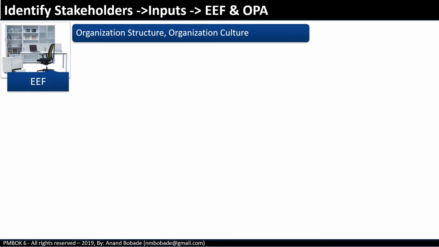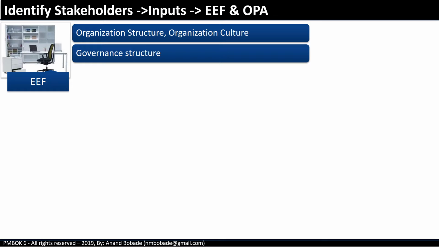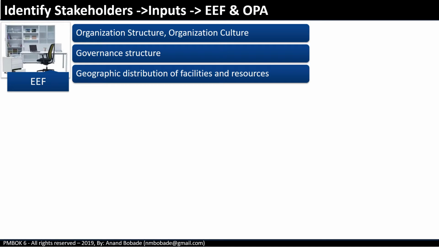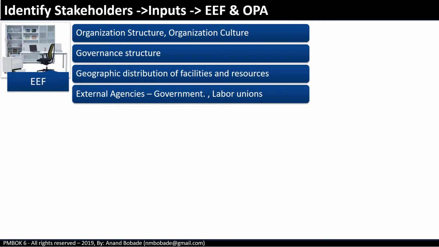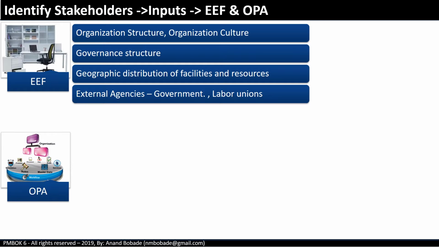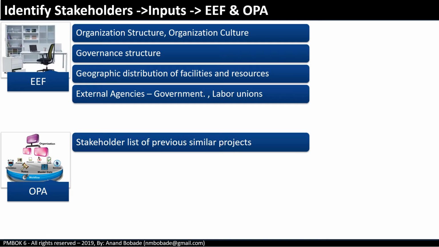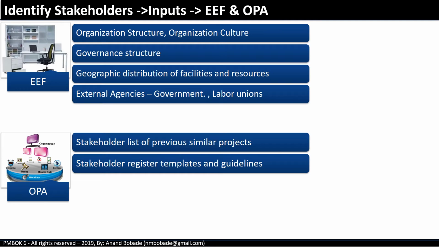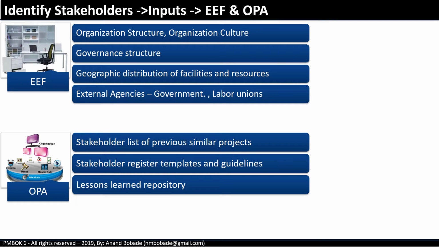Others include organizational culture, governance structure, geographic distribution of facilities and resources, and external agencies like government, labor union, etc. Organizational process assets like a stakeholder register from a previous or similar project can be useful to start quickly. Stakeholder register templates and guidelines can be useful, as well as lessons learned repositories.